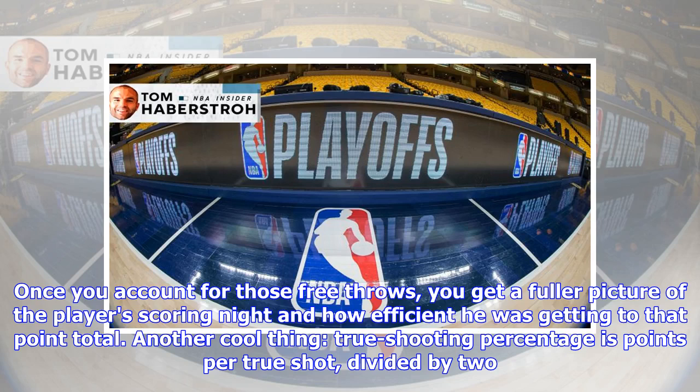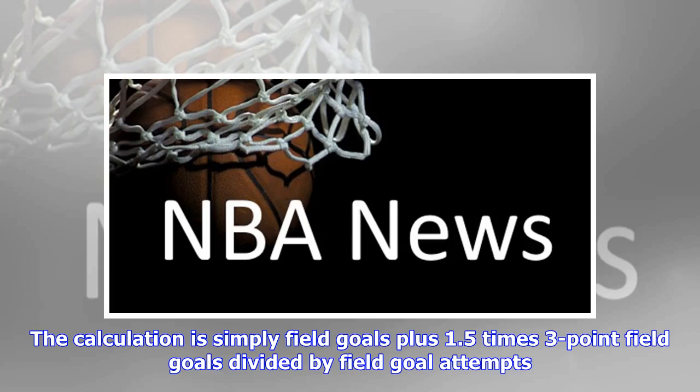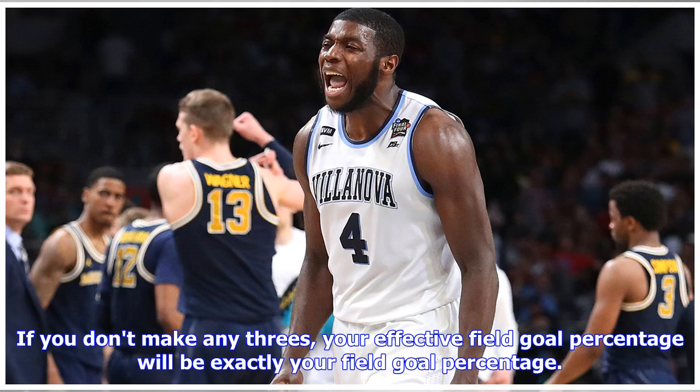Another cool thing, true shooting percentage is points per true shot divided by 2. The divide by 2 is to keep it on the same scale as field goal percentage. Effective field goal percentage, EFG%, also seen as adjusted field goal percentage. The calculation is simply field goals plus 1.5 times 3-point field goals divided by field goal attempts.